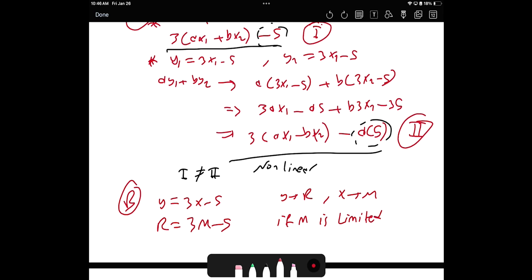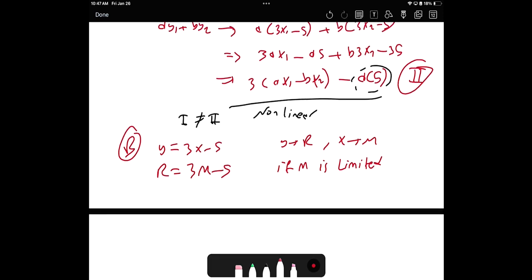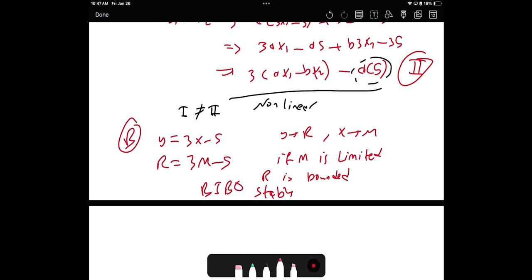Assume m is any real number, just a constant. Will it go to infinity? No way. So it will be only constant, so r is bounded, and it will be stable. Something we call bounded input, bounded output stable.